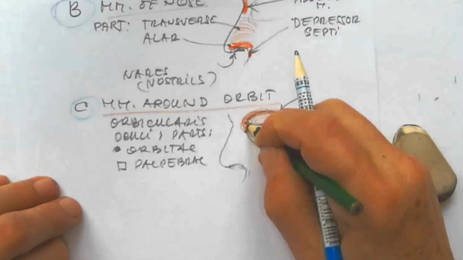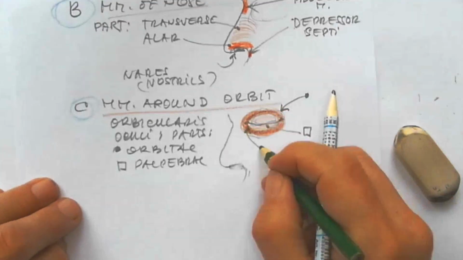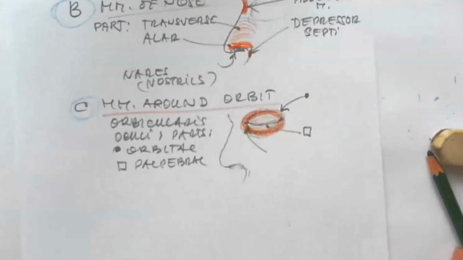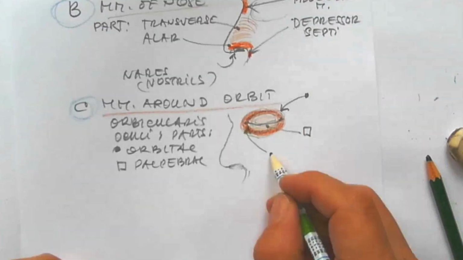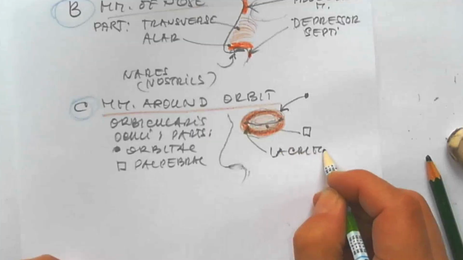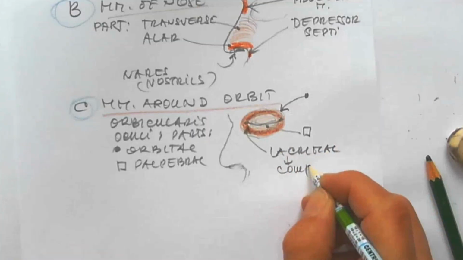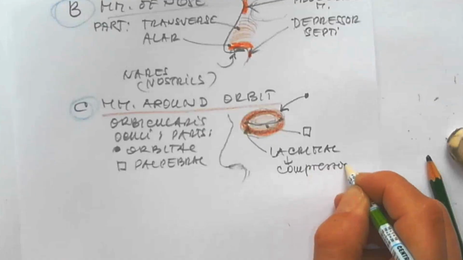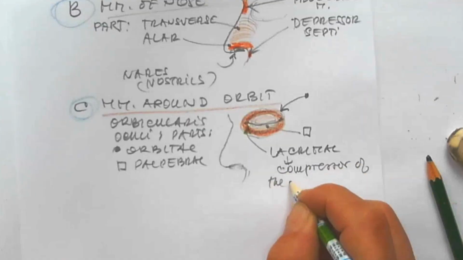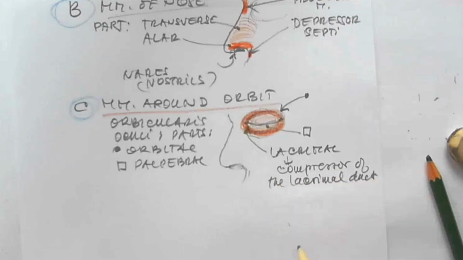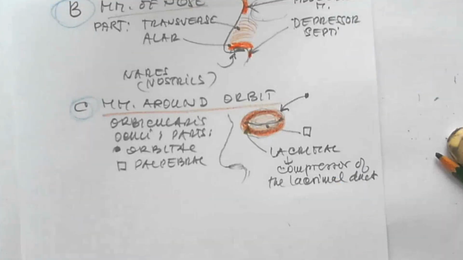I'm drawing just a green arrow, and this green arrow indicates the deep part which compresses the lacrimal sac. It's called the lacrimal part, and it acts as the compressor of the lacrimal duct, pushing the tears into the nasal cavity.